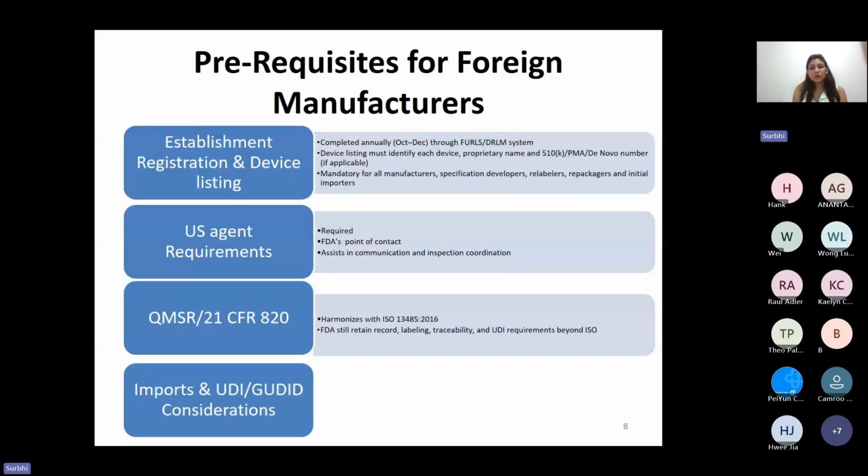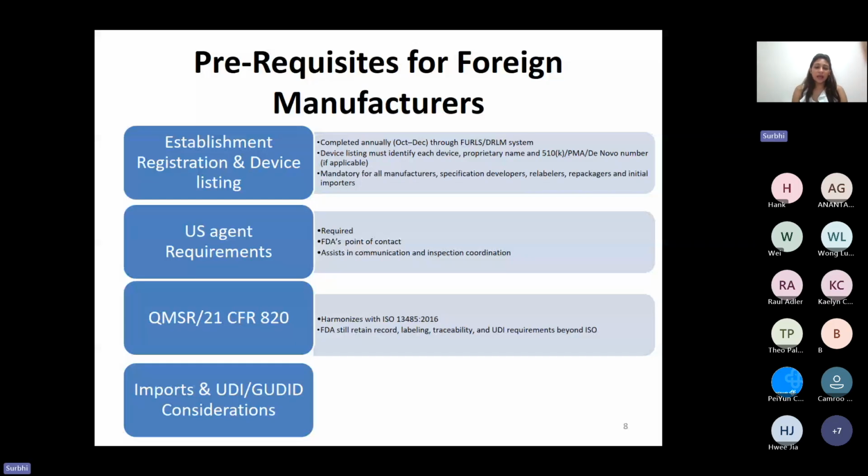Then the prerequisites for foreign manufacturers. As a foreign manufacturer, I am in Singapore. What am I supposed to do when I'm registering my device in the US? I need to register my manufacturing firm and do a device listing. Device listing includes the name of the device, the proprietary name, the trade name, any 510K number given, PMA or de novo number.